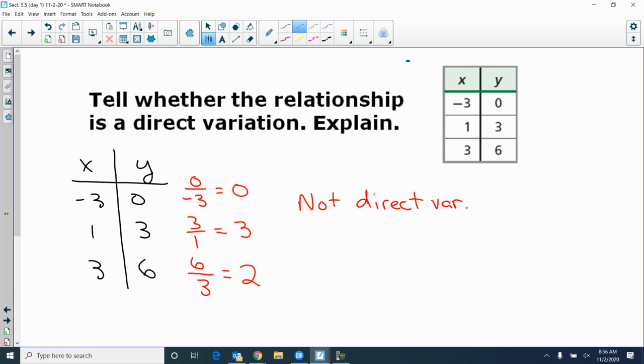Not direct variation, since y divided by x is not a constant. Okay, since it's not a constant.